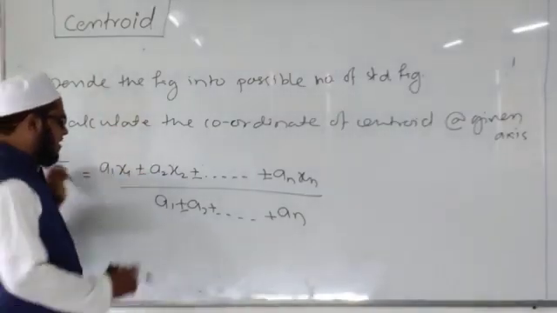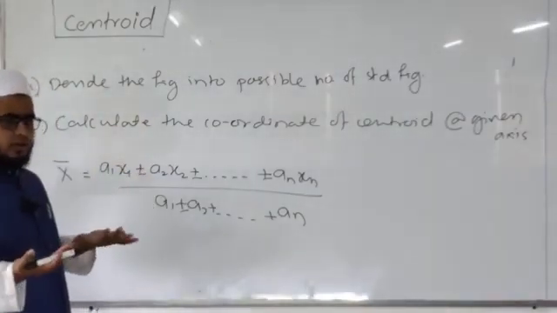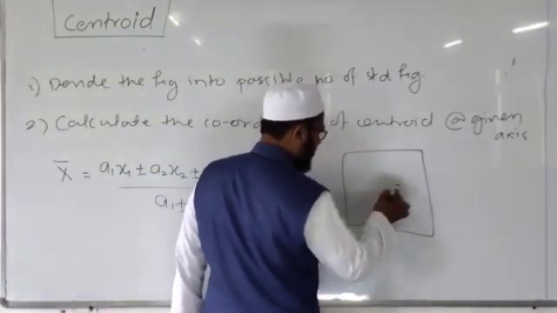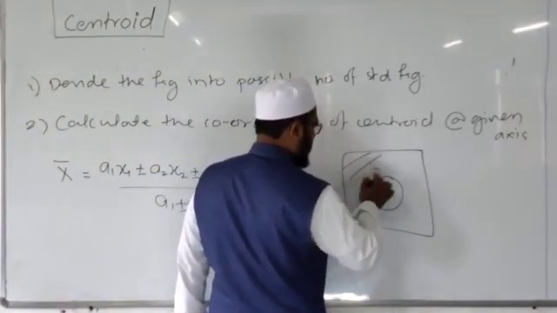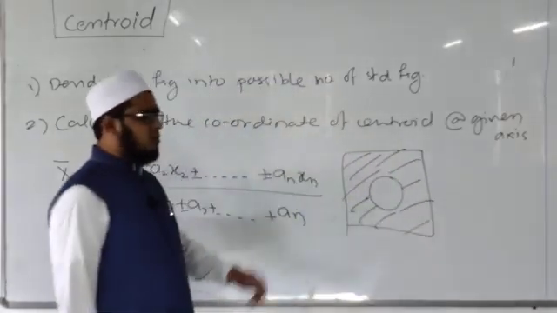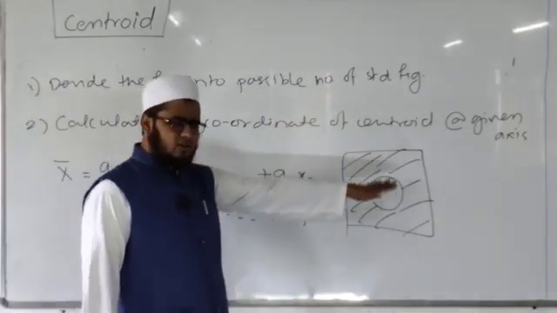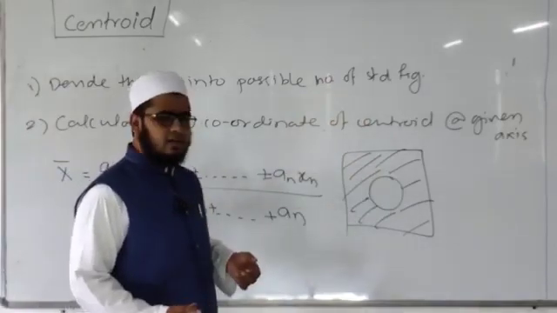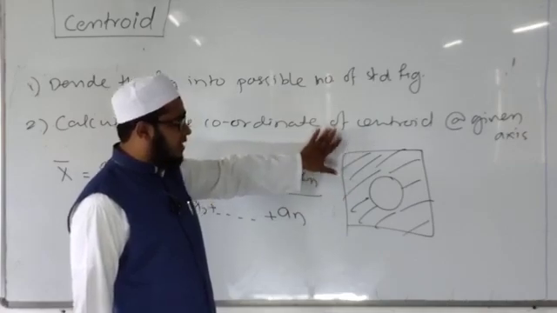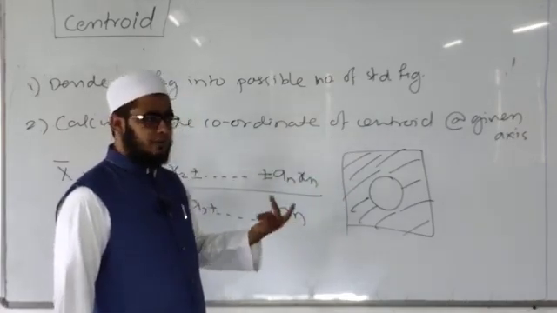The plus or minus sign depends on the mass. In some problems, the figure may be like this: a plate with a circular hole. Then for this irregular figure, we have to find the centroid, so we will divide it into standard figures. Very easy.